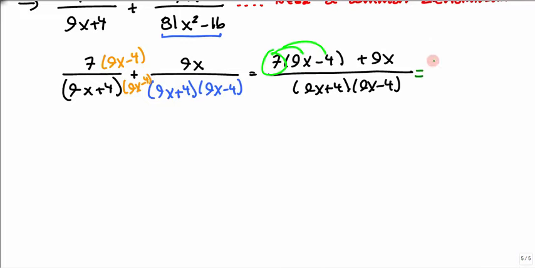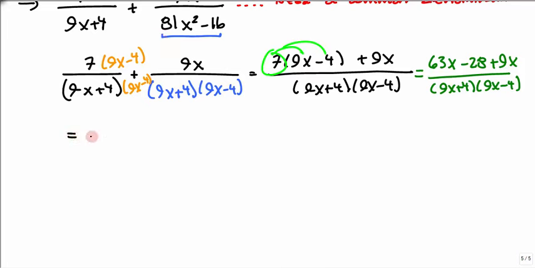So 7 times 9x, 9 times 7 is 63x, 7 times 4 is 28, over 9x plus 4, 9x minus 4. And again, we continue to combine like terms. So I have 63x plus 9x would be 72x minus 28 over 9x plus 4, 9x minus 4.